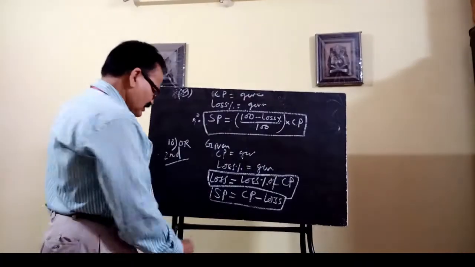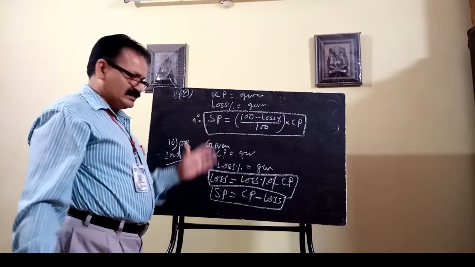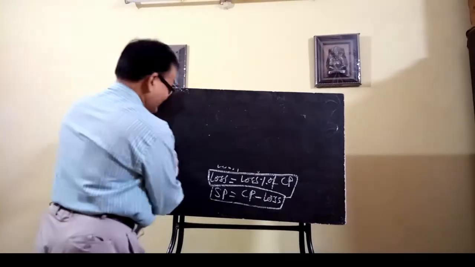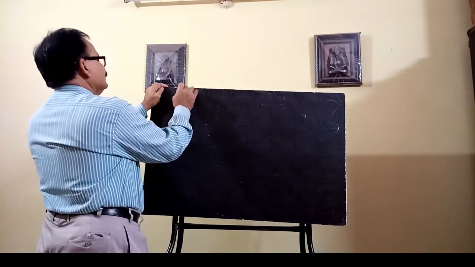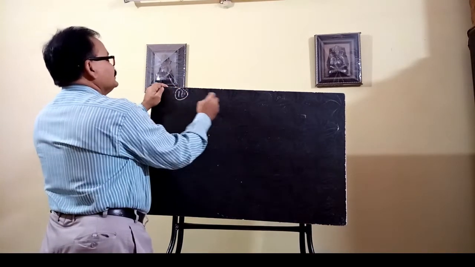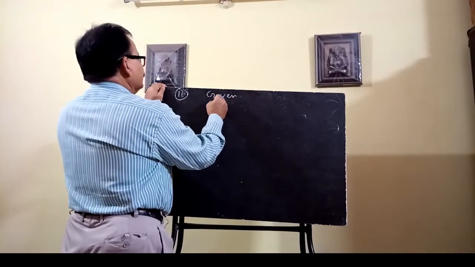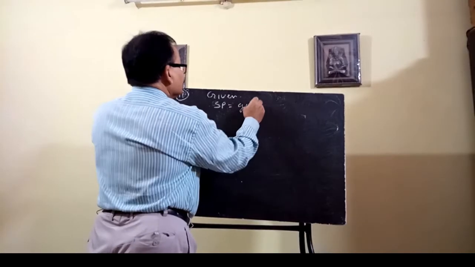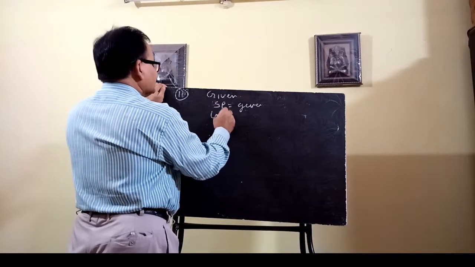Okay, now the reverse condition can also be done. You must write it down. Now formula 11: suppose the given part, SP is given and loss percent is given.